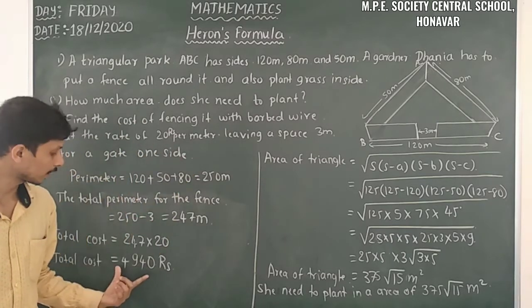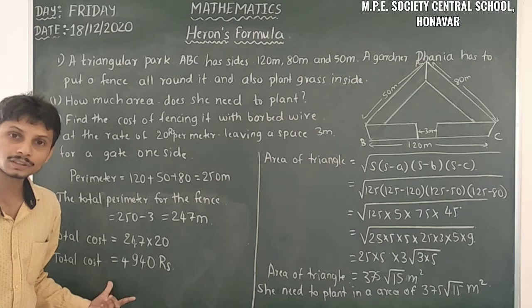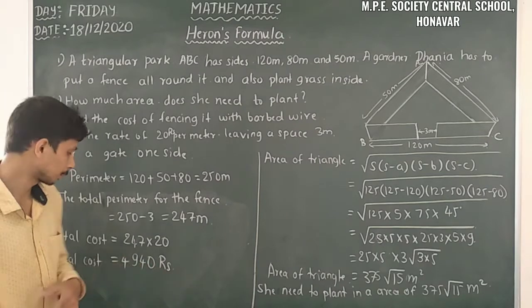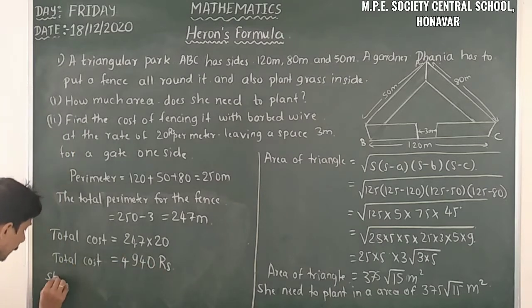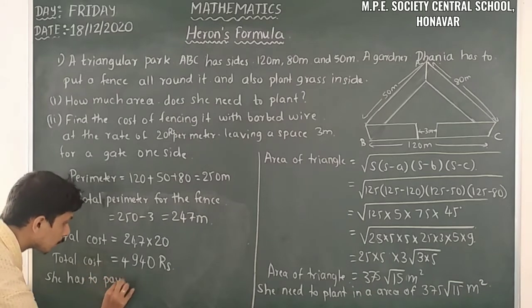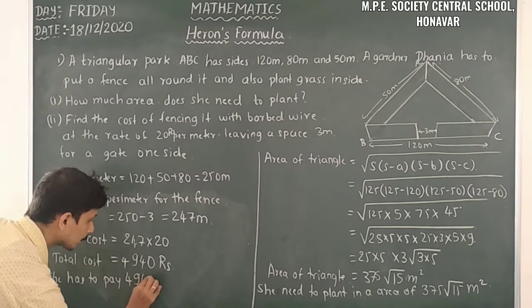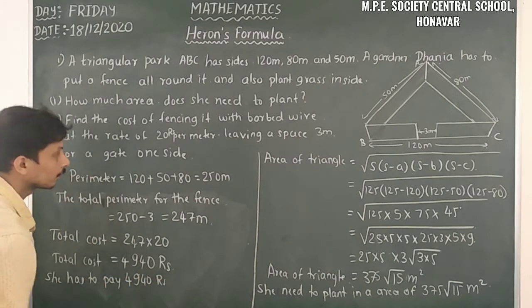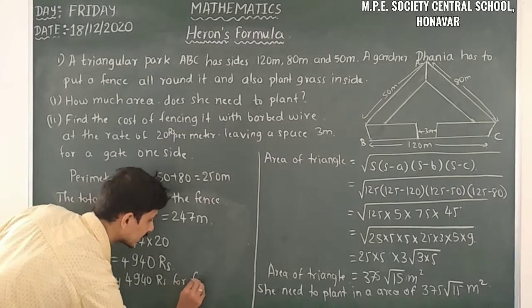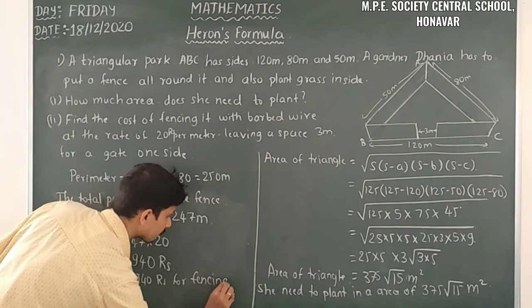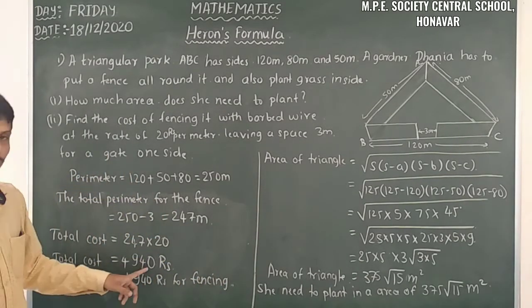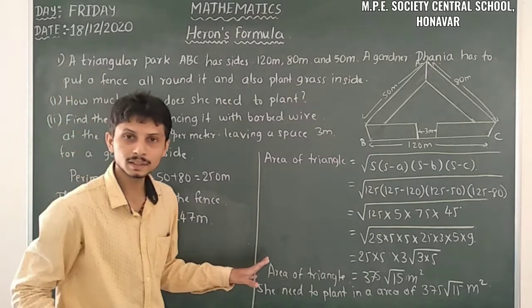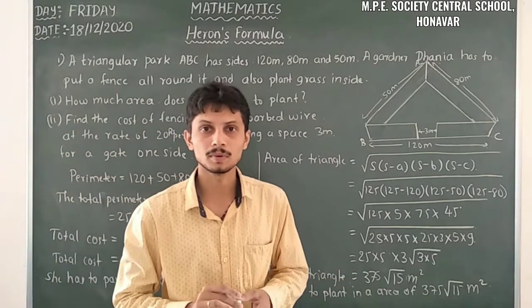So here we got the value of total cost. It is 4940 rupees. That is, she has to pay 4940 rupees for fencing. So here it is the solution of this problem.